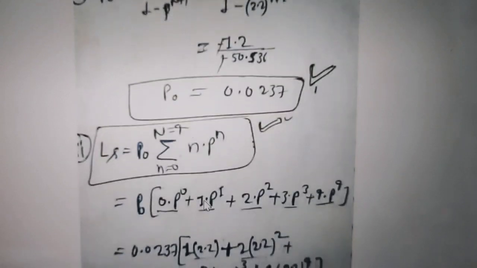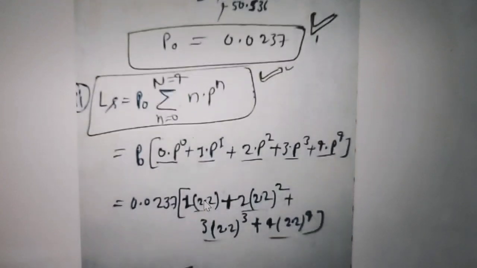Now we put in the respective values: P0 is 0.0237, and rho is equal to 2.2 as discussed previously. The term multiplied by 0 will be 0.